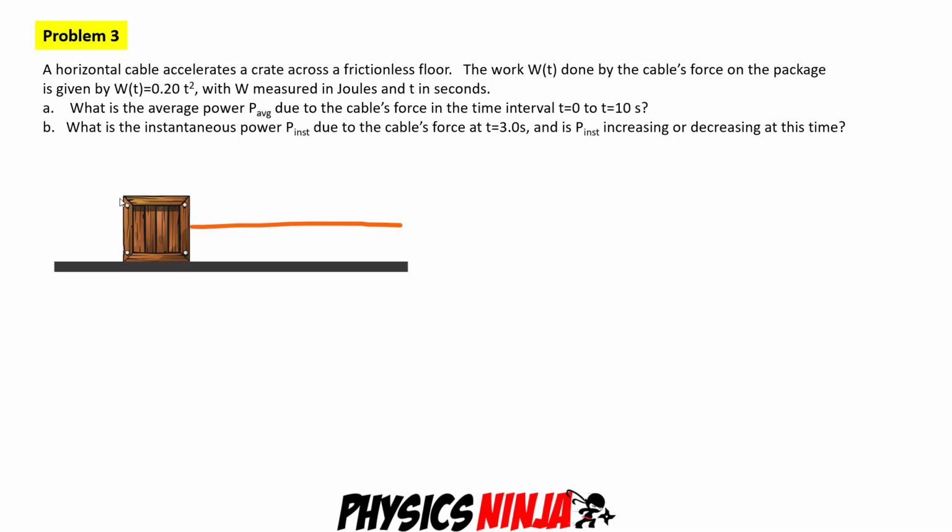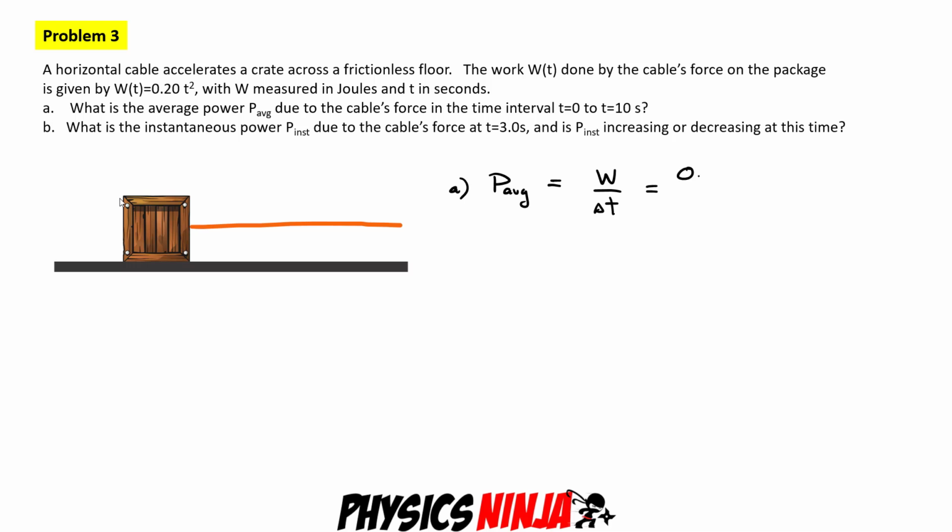All right, so for part A, what we're going to do is calculate the average power. So my average power here is going to be the work divided by the time interval I'm looking at. How much work is done in the first 10 seconds? We have an equation here for work as a function of time.